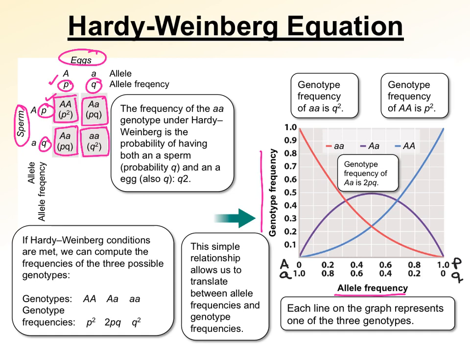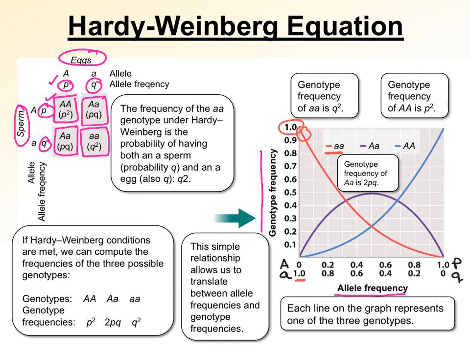If you have 100% of the little a allele, then you're going to have 100% of this homozygous little a.